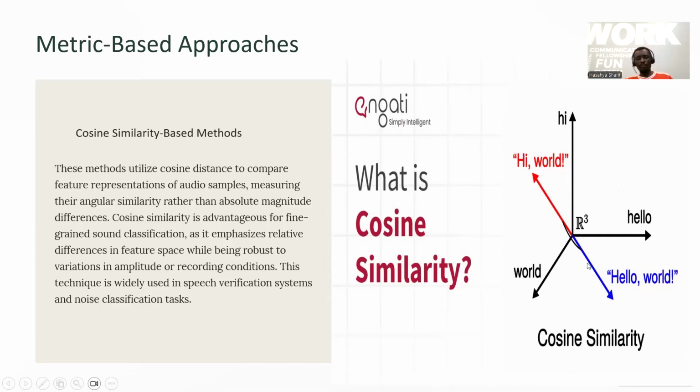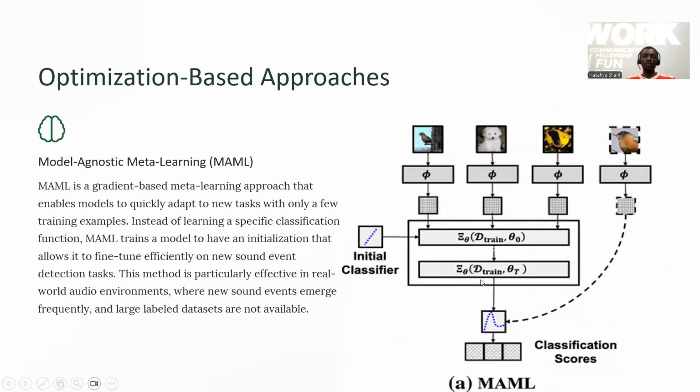In cosine similarity, we categorize the various sounds in terms of features, and we calculate the angle between them using the cosine rule. If the value is close to 1, that means the two sounds are similar. If it is closer to 0, then those sounds are different.